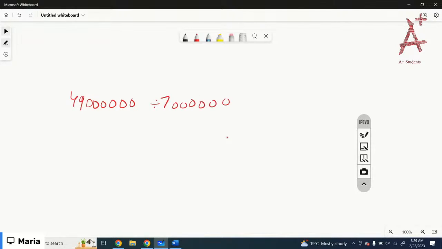So just look at the number of zeros. Here you have 6 zeros and here you have 6 zeros. That means they can cancel out. You are left with just two non-zero numbers. 49 divided by 7. So 7 times what number is 49? 7 times 7 is 49. Got it? That means the state can build just 7 schools. So the correct option is 7.